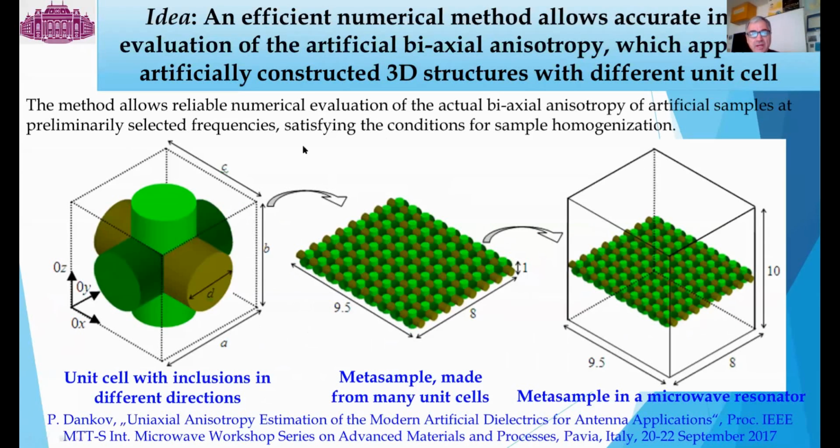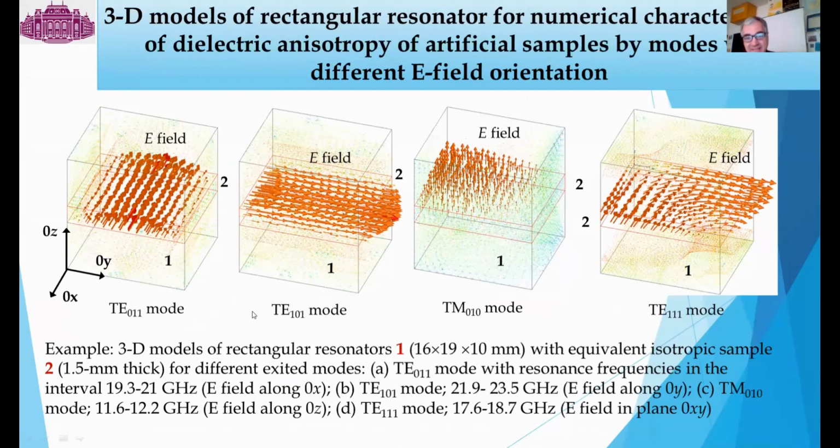Several years ago, we had an idea and developed it. We can build the unit cell for building a new artificial dielectric, to build some metamaterial structure, and to put this structure into the resonator, and to measure the resonance frequency, and to extract the dielectric constant.